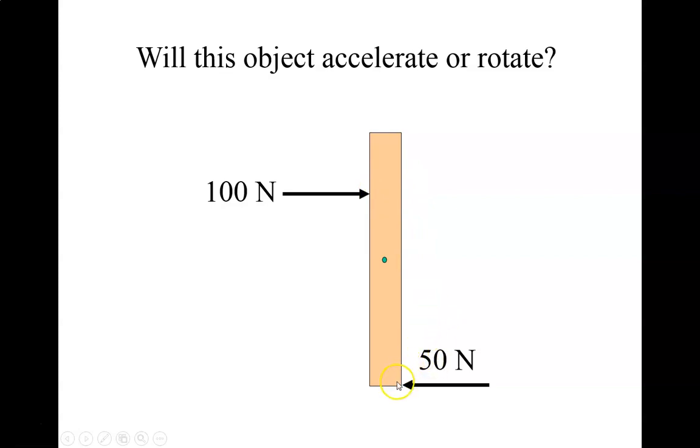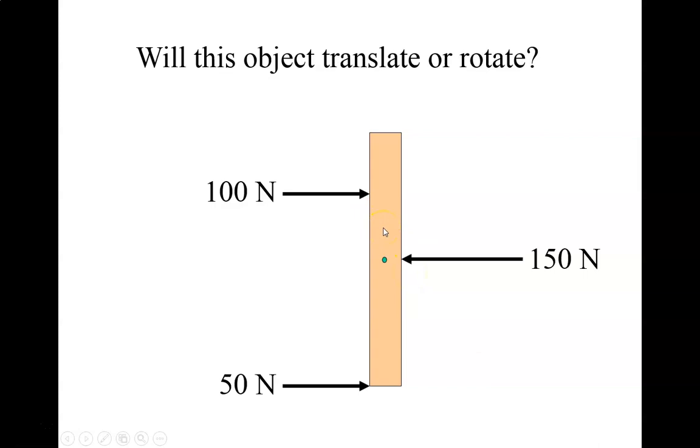Well, this is going to create 50 Newton meters. Okay, it's got 50 newtons at 1 meter. Okay, what direction is this going to be? Okay, so this is going to be in the clockwise direction also. So these torques don't cancel, they add. Okay, they're going to cause it to spin. Alright, so this will rotate. So it'll both accelerate and rotate.